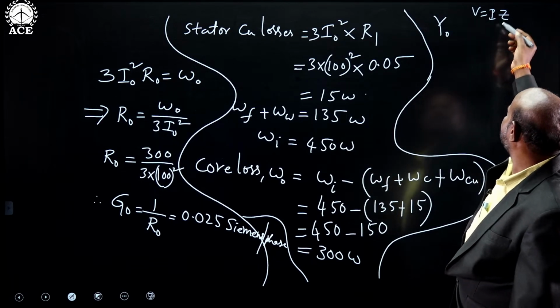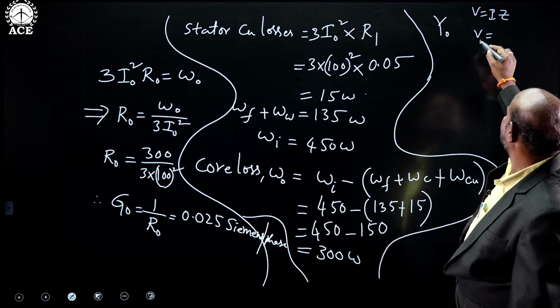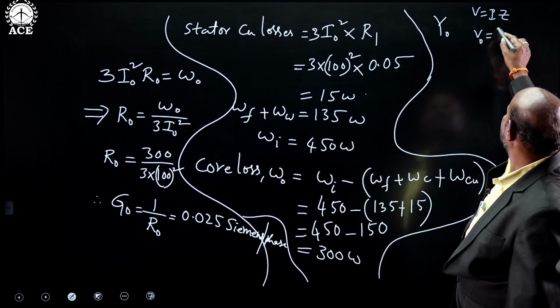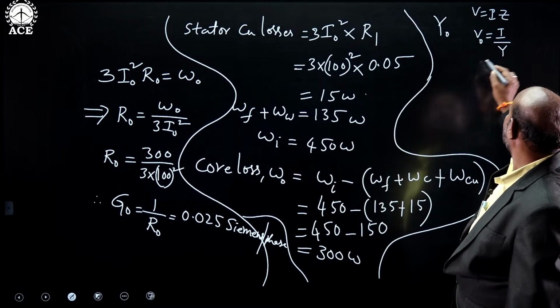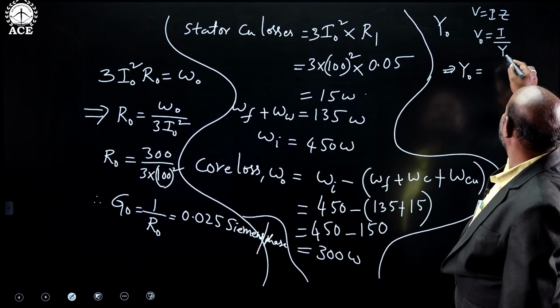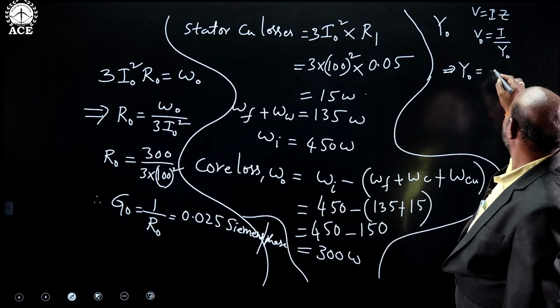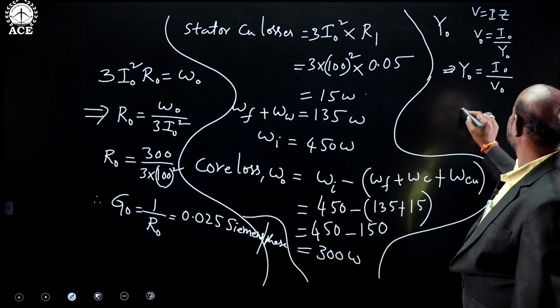Y is nothing but reciprocal of Z. So we can replace V naught with I by Y. So therefore, Y naught is equal to I naught by V naught.